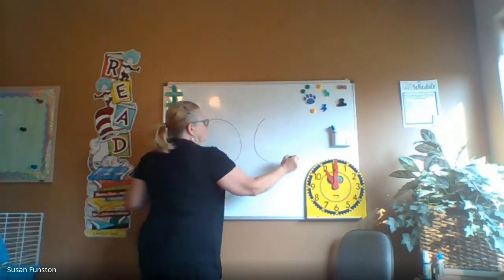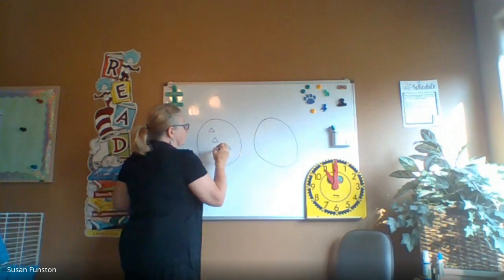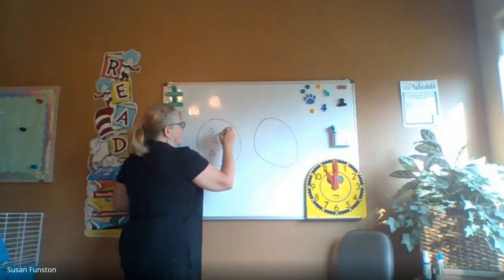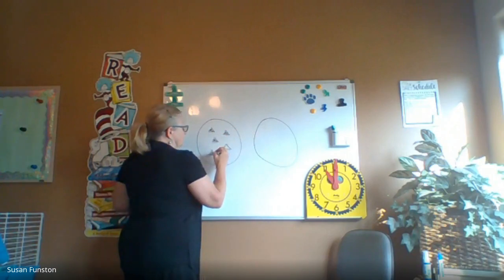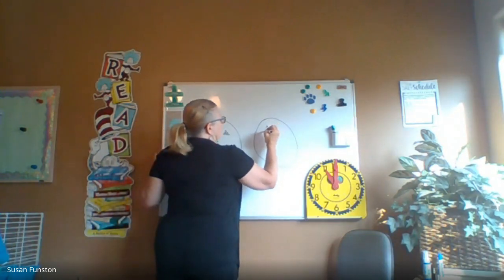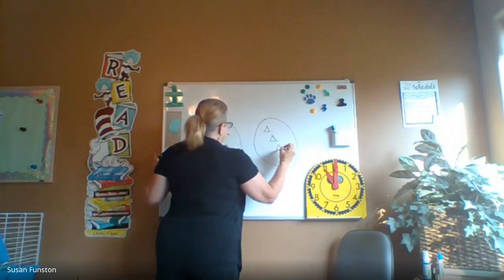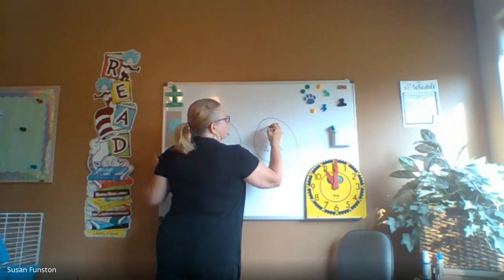So if I have this group and this group, so I have this group of triangles, and I have this group of triangles. Over here, I have another group of triangles.